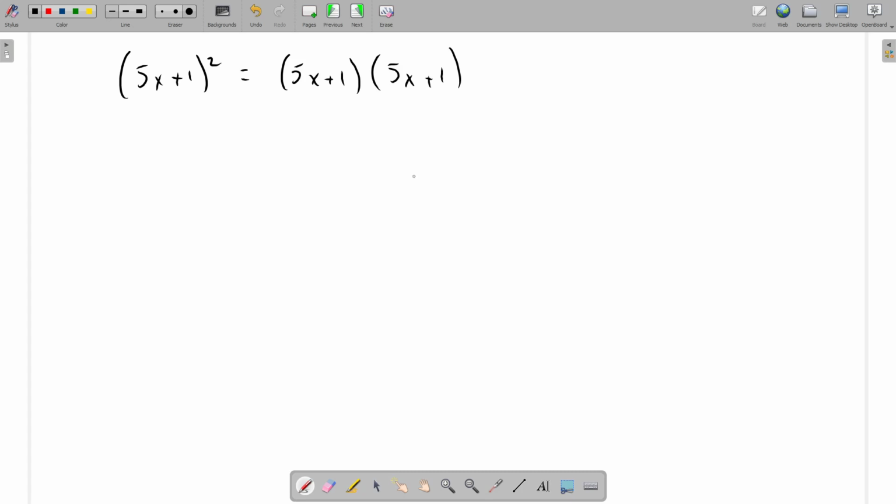You could use the stacking method from episode 4, or we could use a formula because this is a special case. This is something that looks like the form a plus b squared. It is a binomial squared.